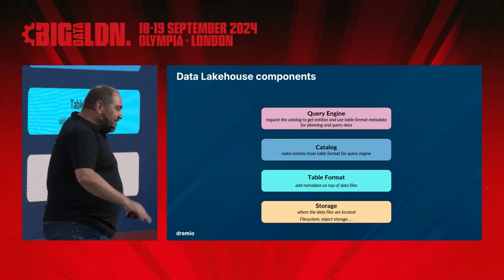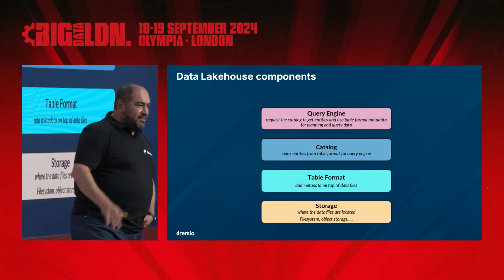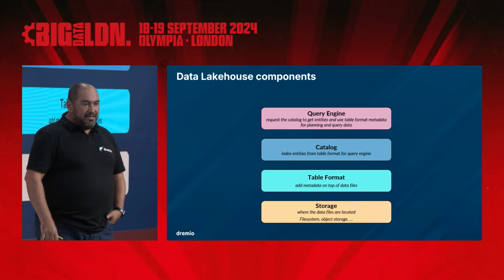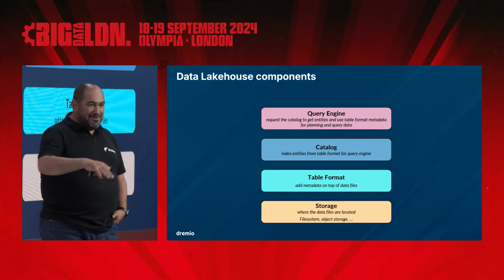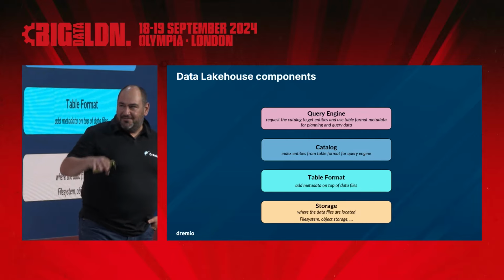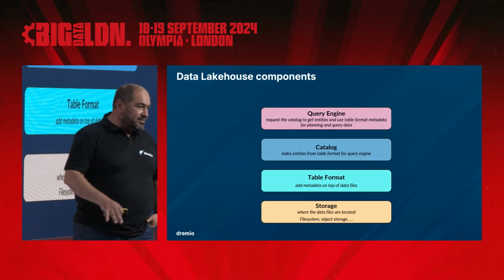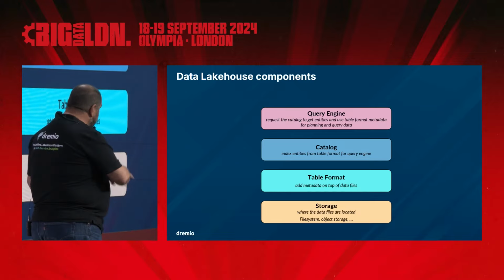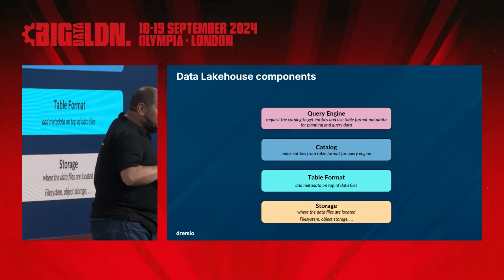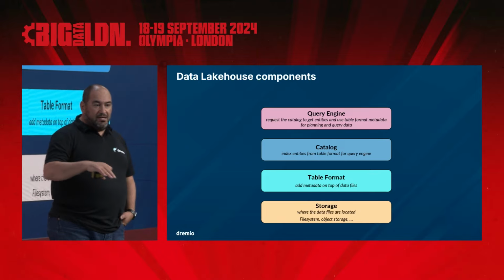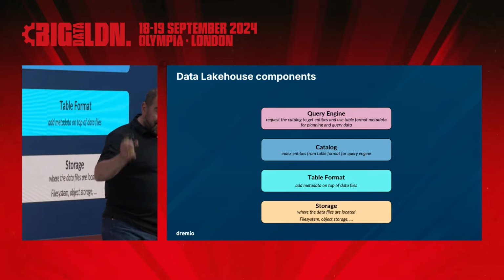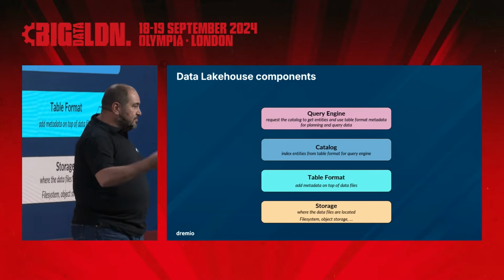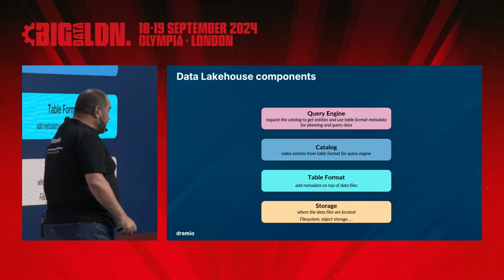So before going to Iceberg specifically, let's talk about lakehouse architecture. Maybe you have a different standpoint, but I identify 4 layers in a classic lakehouse architecture. The first layer is the storage layer. It's basically a file system, object store, whatever, S3 on AWS or S3 provided by another provider.